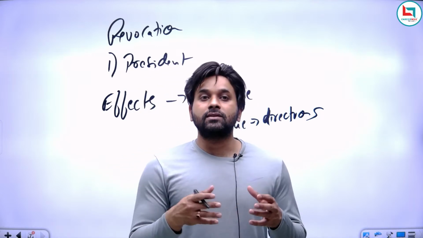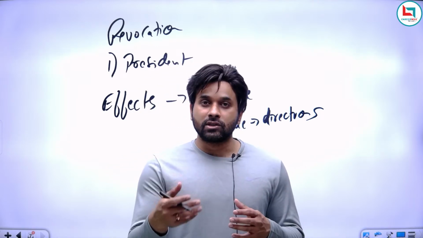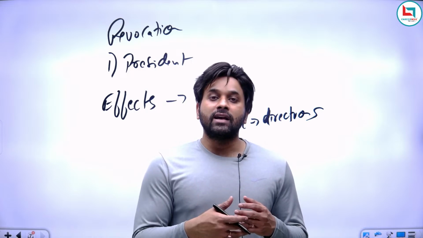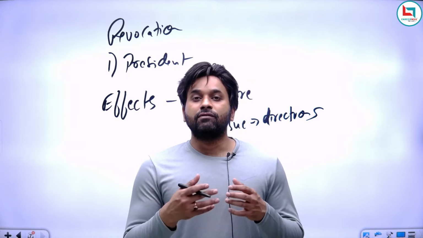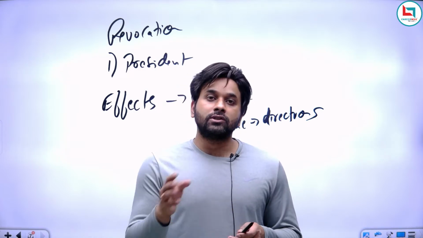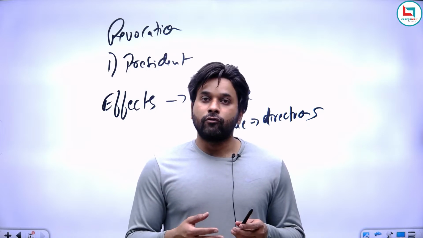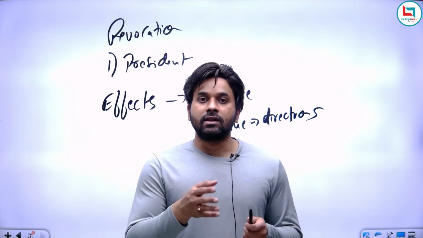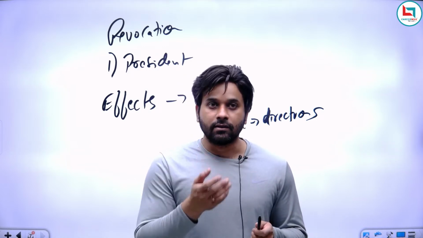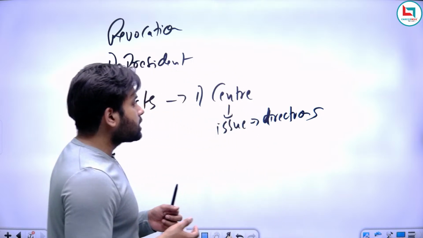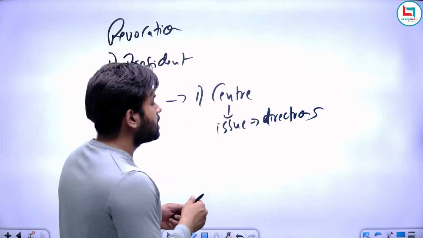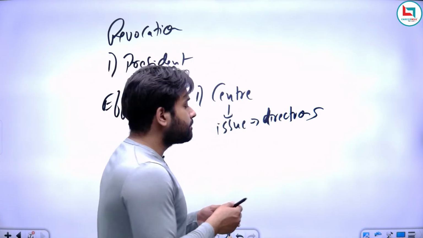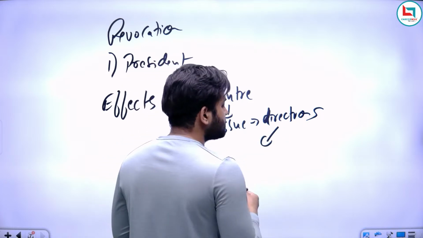Now the center has the authority to give directions to the state as to how they should exercise their powers in financial matters. So all the decisions related to financial matters of any state are under the control of the center.